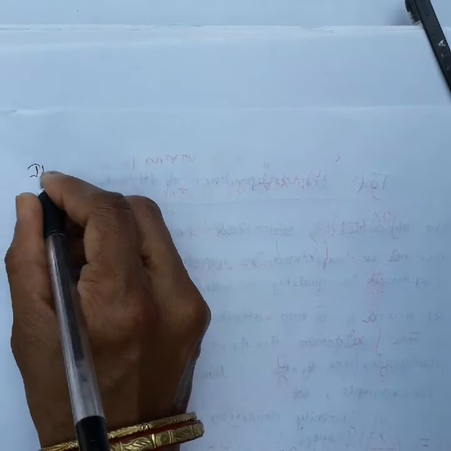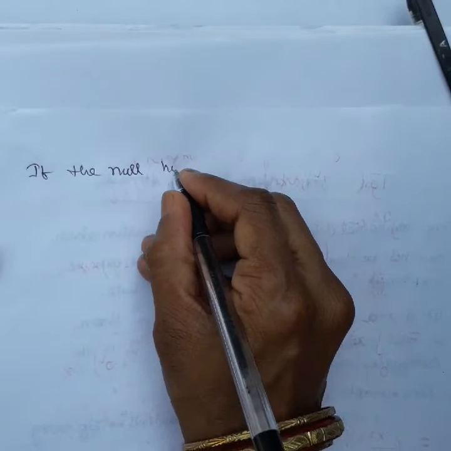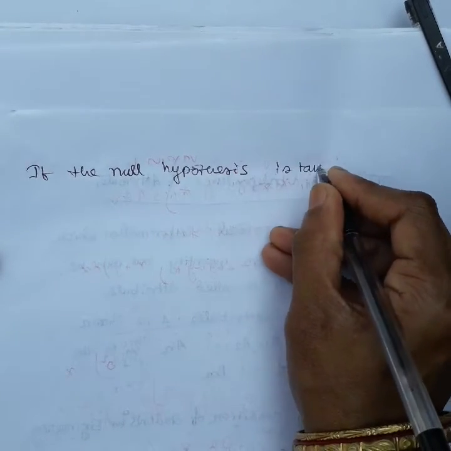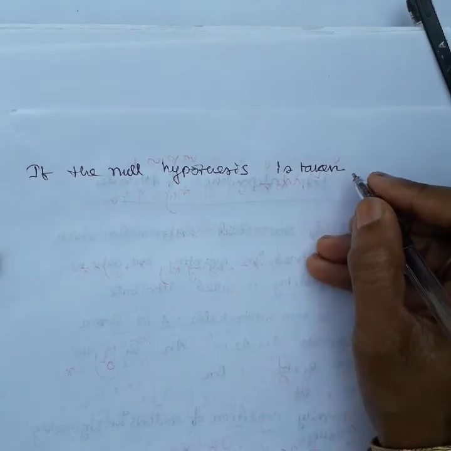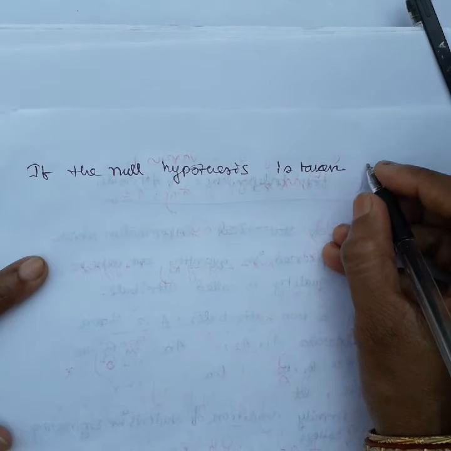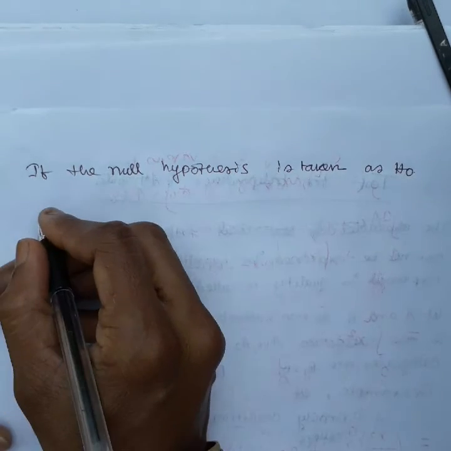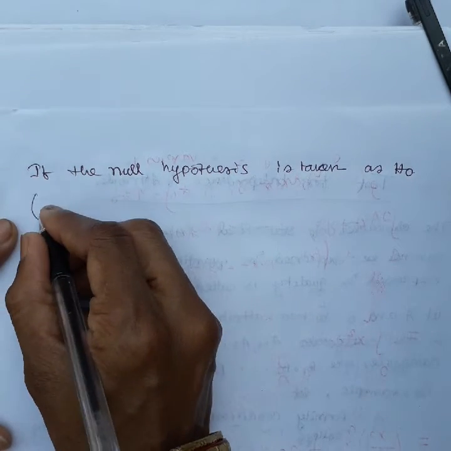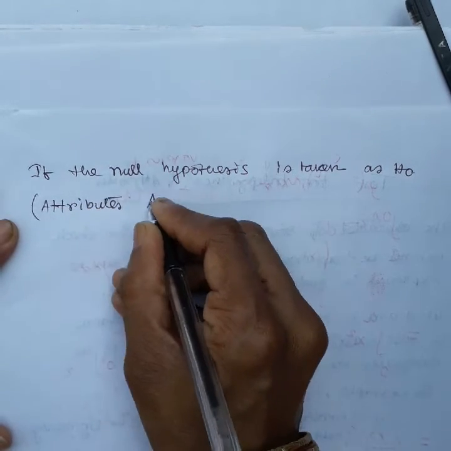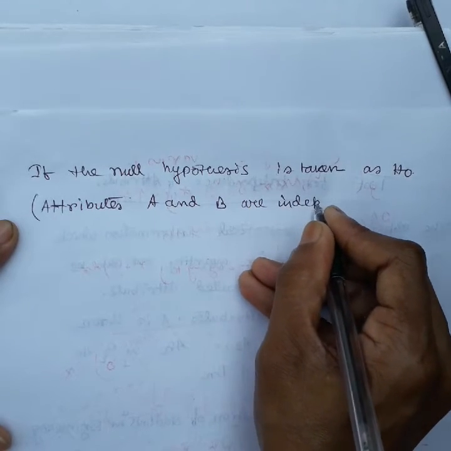Here, the null hypothesis is taken as H0, which is: attributes A and B are independent.